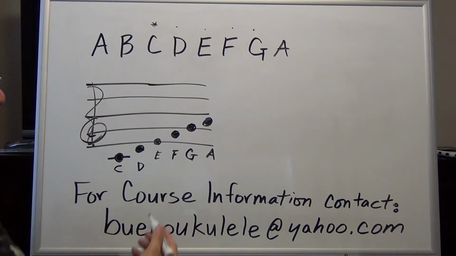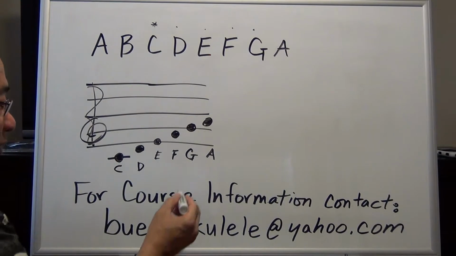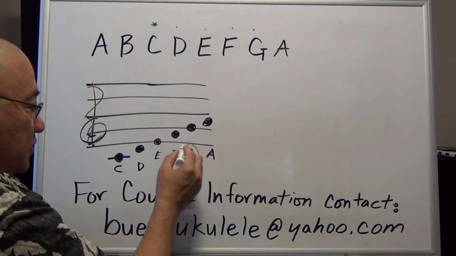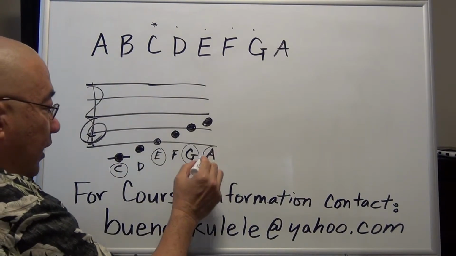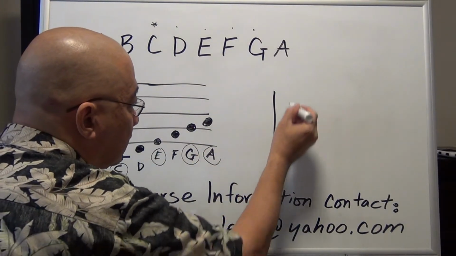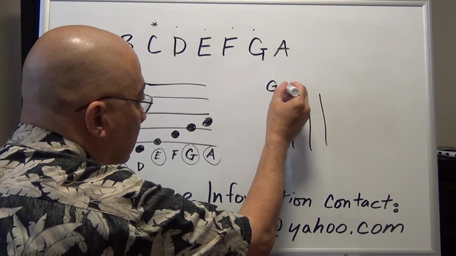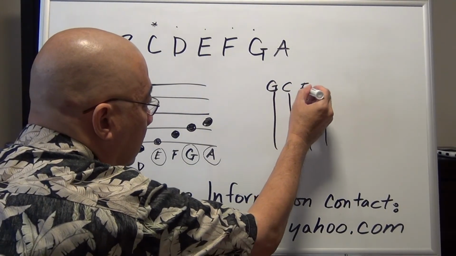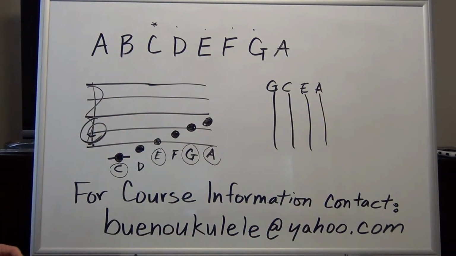So, right here is your musical notes for the ukulele. I talked about this acronym, maybe you folks remember it. Girls can eat ants. And these are your 4 strings of the ukulele. G, C, E, A. See that?